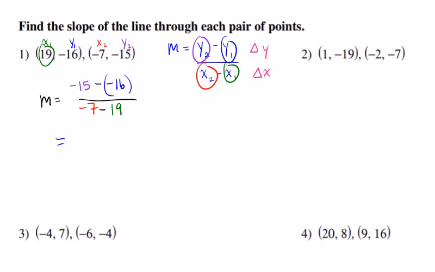And so here we end up with negative 15, minus a negative, so that turns into a positive, right? A negative negative turns into a positive. And so negative 15 plus 16 is positive 1. And then on the bottom we have negative 7 minus 19, which is negative 26. Okay, so that would be the answer to this question. The slope would be negative 1 over 26.